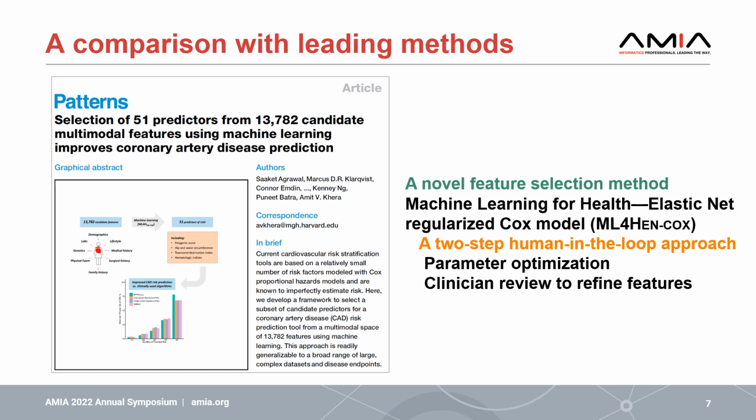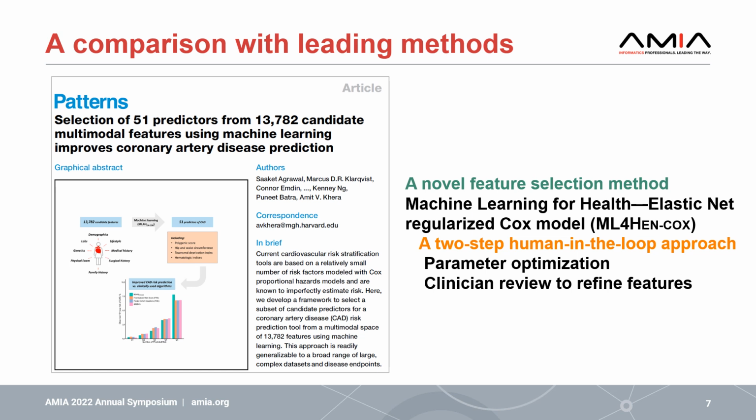They came up with a new method based on two steps that involves a human in the loop: parameter optimization, then a clinical review to refine features that the feature selection method was not able to capture accurately.